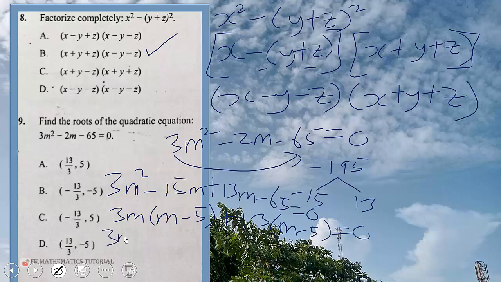So we have 3m plus 13 equals 0, or m minus 5 is equal to 0. So we have m to be equal to either negative 13 over 3 or positive 5. So the correct answer is C.